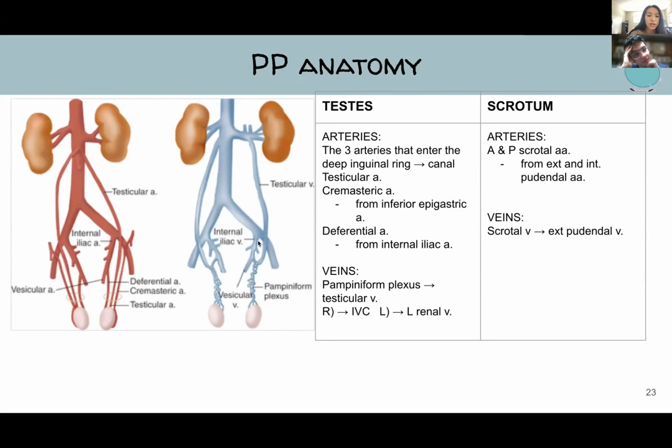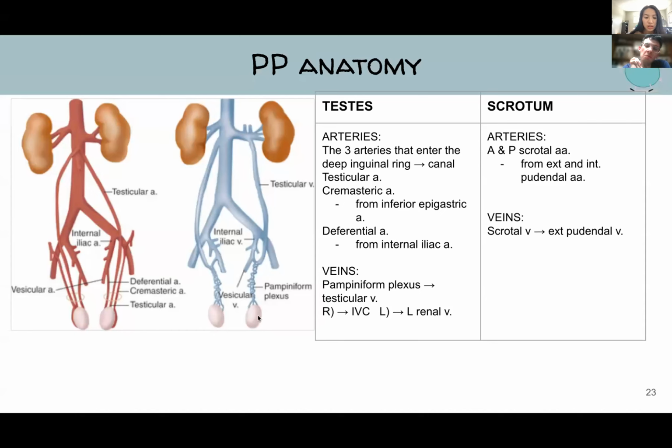There are 3 arteries going into the inguinal ring and then into the scrotum: the testicular artery, the cremasteric, and the deferential, or the artery to the vas deferens. All 3 arise from different regions. I've written them here, and they all go into the scrotum.